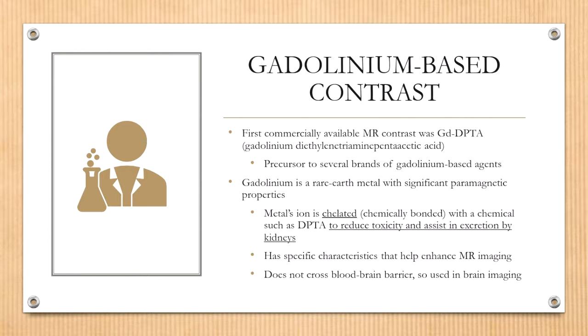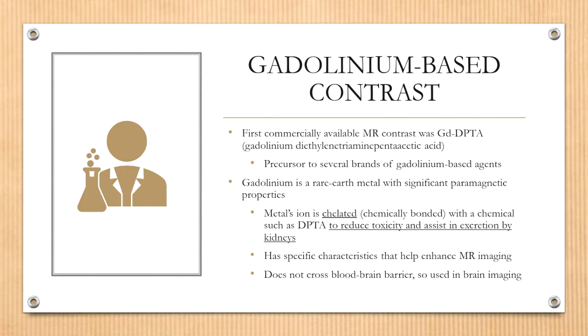The circular molecules are considered macrocyclic, and they are put together in a way that they kind of envelop the gadolinium. Notice how on these macrocyclic or circular molecules, the gadolinium is in the middle and it's surrounded by the other molecules. That is, in essence, what makes macrocyclic molecules of gadolinium safer.